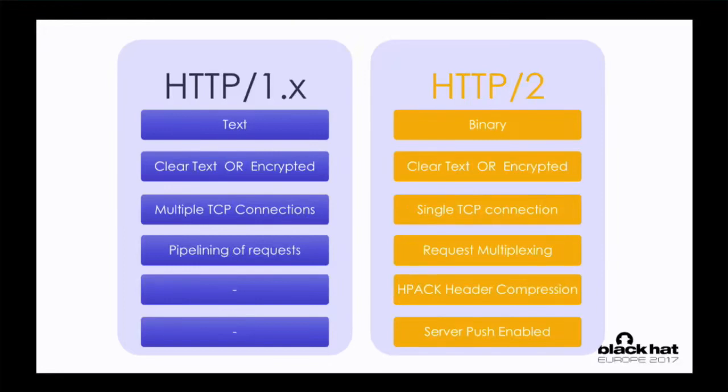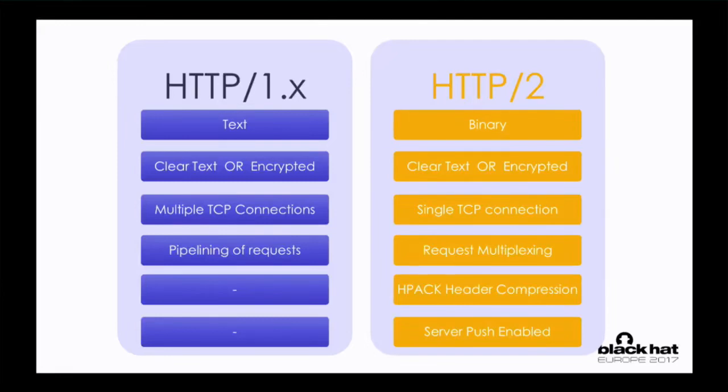So hopefully by now you have a fairly good understanding, and I'll do just a quick recap. These are the key differences between the two versions of the protocol. First protocol, I'm sorry, I don't know why you can't see the color so well. It should be orange, but I'll try to read that out to you. The first version of the protocol is a text-based protocol, whereas the second version is a binary protocol. Both of the protocols, either version 2 or version 1, could be transmitted over clear text TCP or over an encrypted channel.